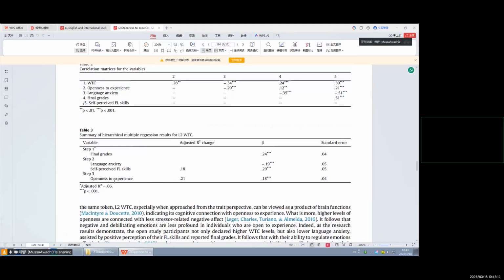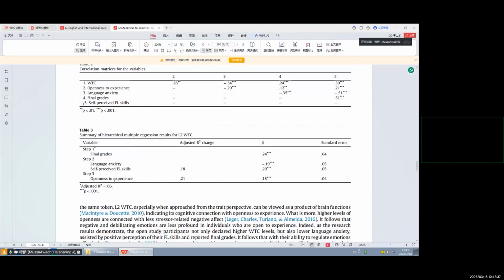Which two? Yes, in the table, the first and the fourth, the WTC and final grade.